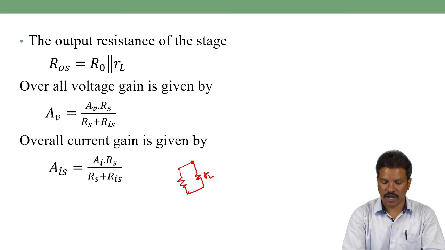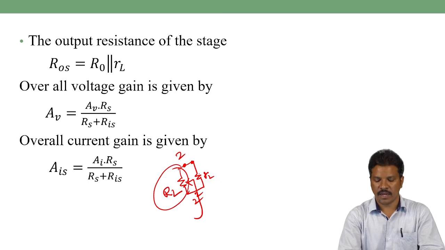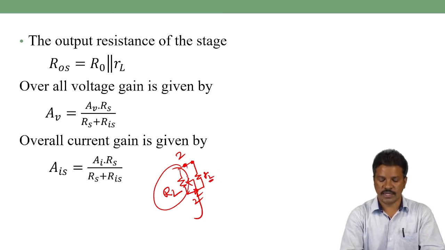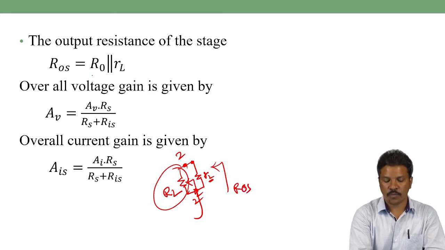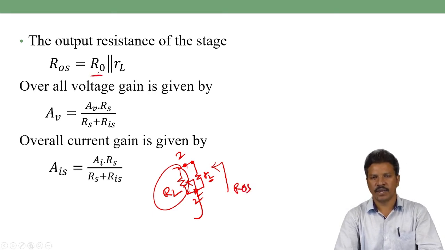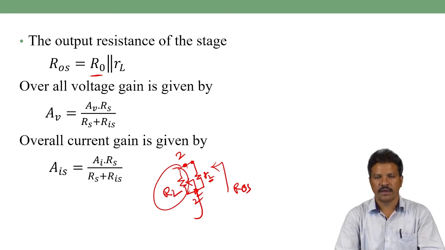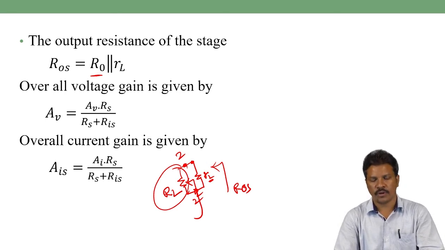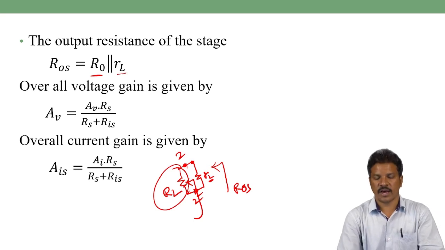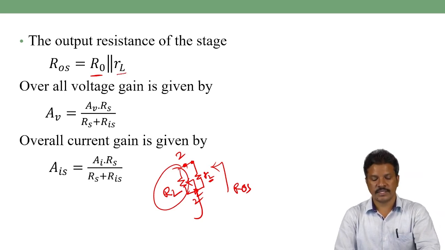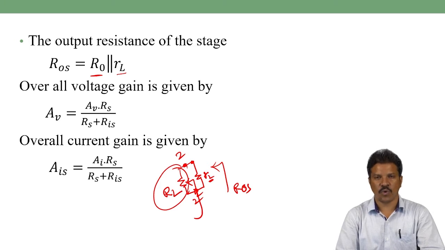So the resultant output resistance ROS is nothing but the output resistance measured by excluding the load resistor, R0, in parallel with the small RL. That is ROS, the output resistance of the total amplifier stage.